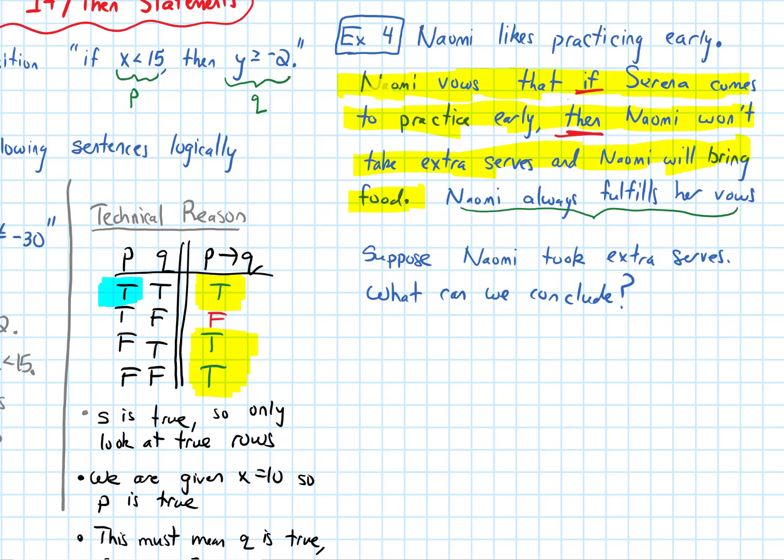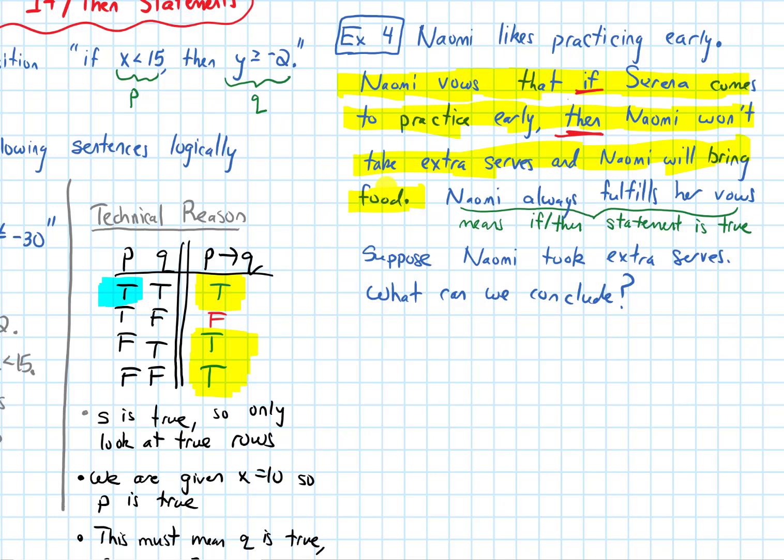All that means is when Naomi vowed that if Serena comes to practice early, and so on, because she always fulfills her vows, that means the if-then statement is true. If the question didn't tell us this, maybe she would have broken some of the vows. And then the if-then statement, we wouldn't necessarily be able to say that it's true.